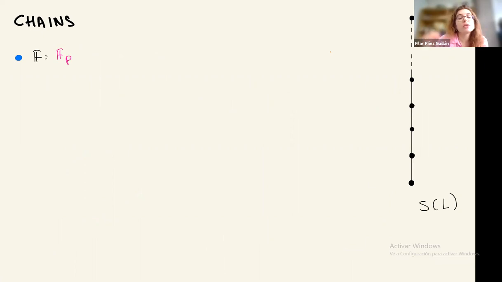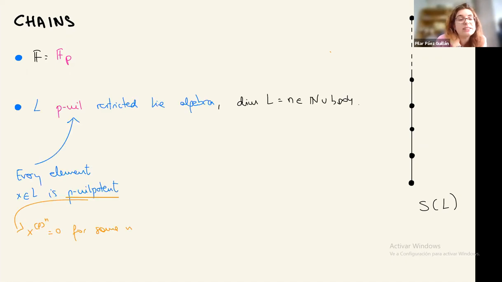A way to solve this problem could be to consider the base field, the field of p elements, in which we already saw that the skew polynomial ring is just the usual polynomial ring, is commutative, and everything works perfectly. But this case is very restrictive. So another situation that we can consider to understand these chains is one in which L is p-nil.